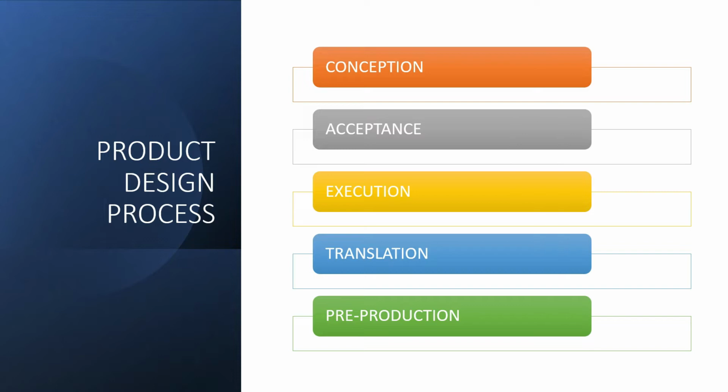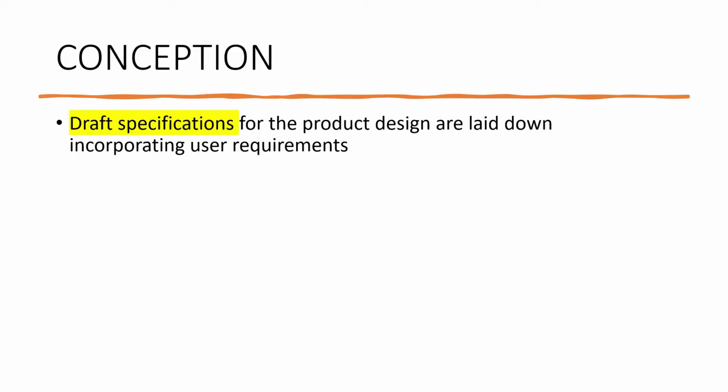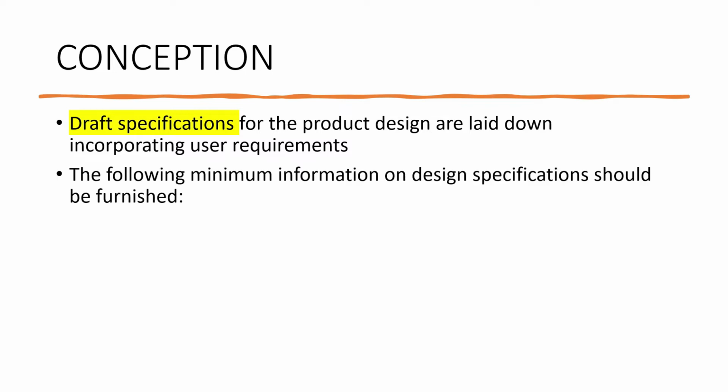So what is conception? Conception begins with an idea. So in this stage, the draft specifications for the product design are made. So what are the specifications for that product? See, these specifications are made after taking into account the following things, like the performance.